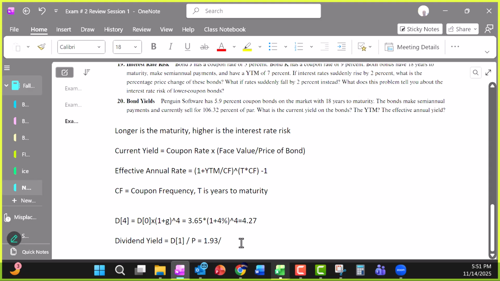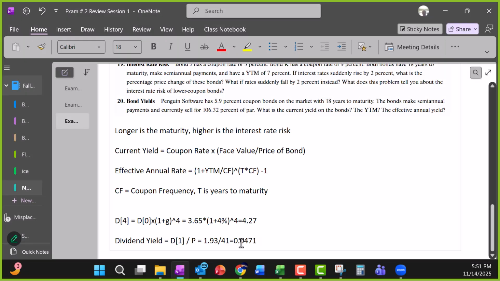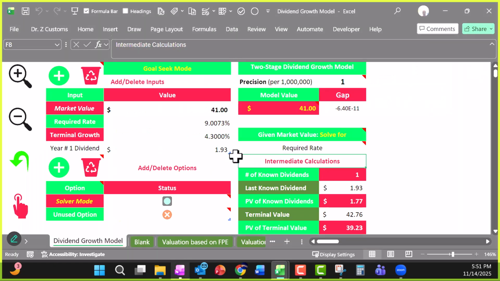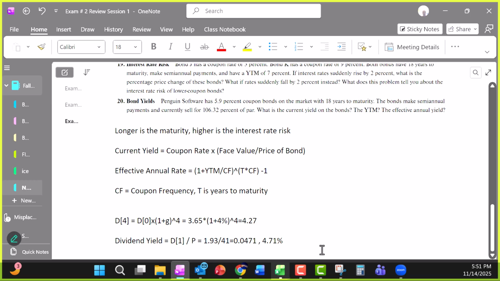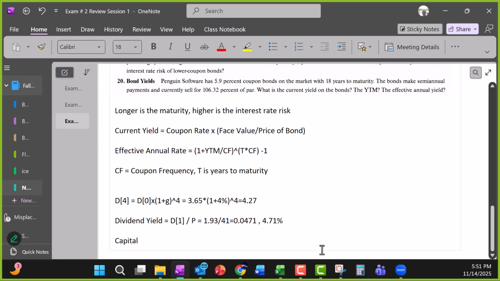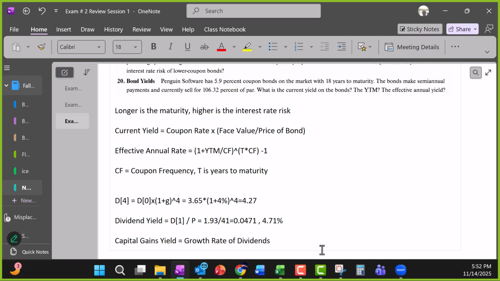In fact, I didn't even have to pick. So that's 4.71%. And capital gains yield is basically equal to the growth rate. You don't even have to calculate it.